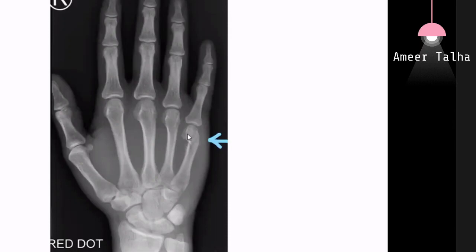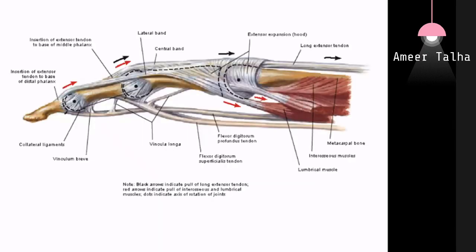And this fracture of the metacarpals can be in which professional or which condition? Sir, it happens in boxers. It is most commonly seen in boxers, so it is named boxer's fracture, defined as the fracture of the fourth and fifth or fifth metacarpal in the distal region because of the punching movement in boxing.